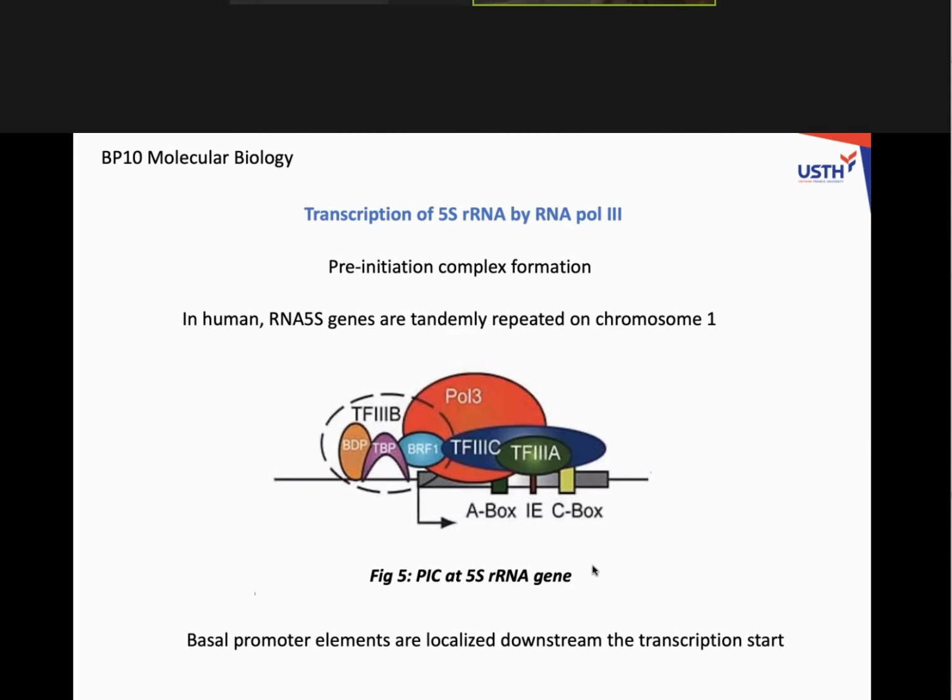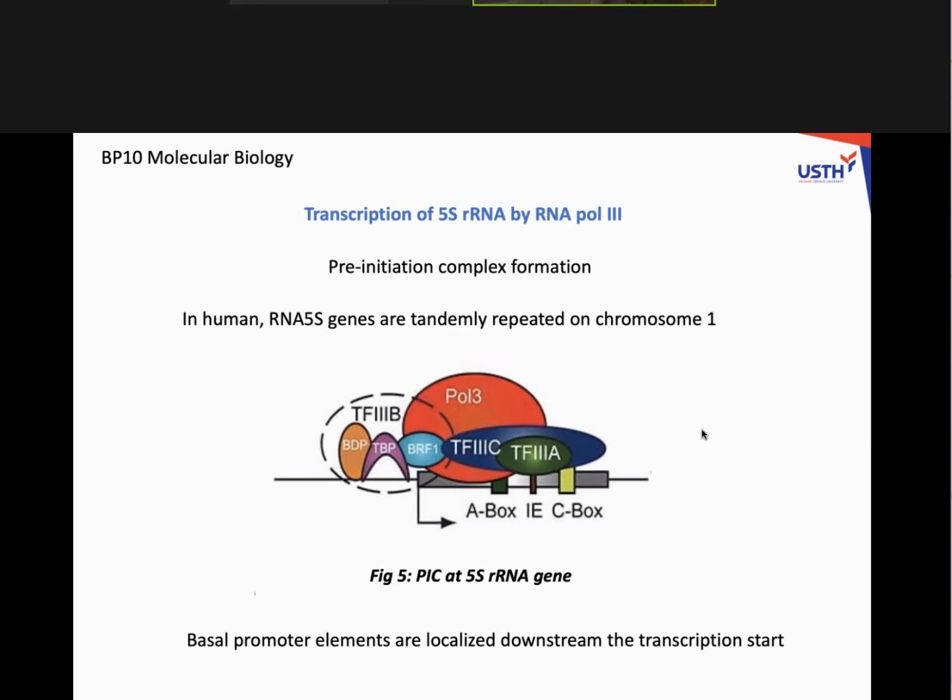So the topology of the promoter region, around the initiation start, this little black arrow, is like this drawing. One important feature is that the basal promoter elements, as written at the bottom, meaning the elements in the DNA sequence responsible for interacting with all the transcriptional machinery, are localized downstream of the transcription start.